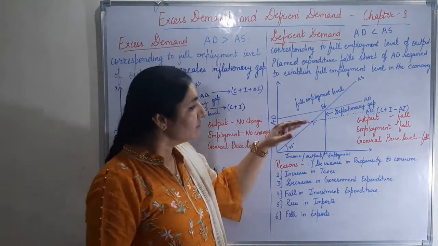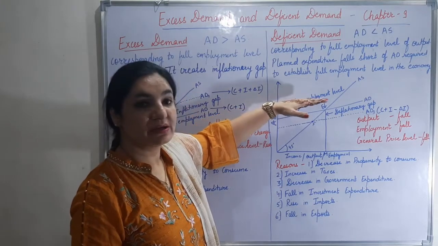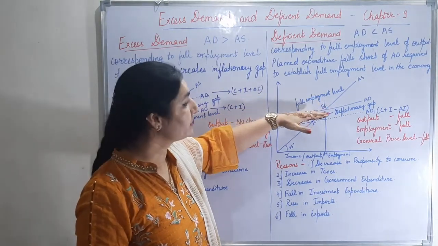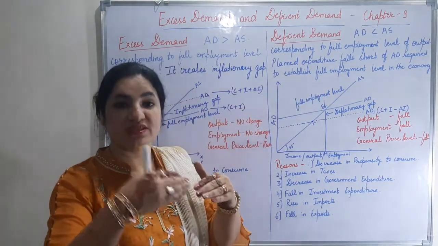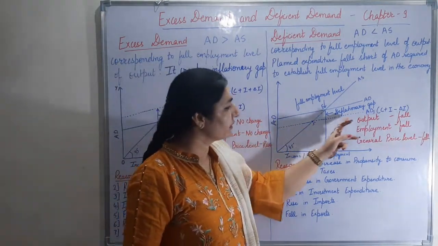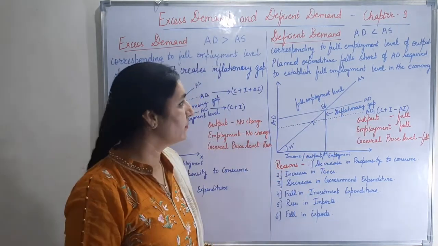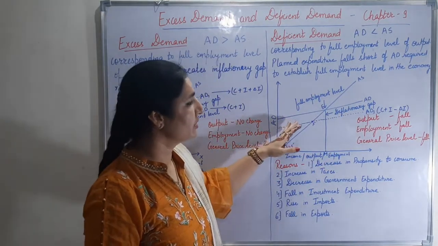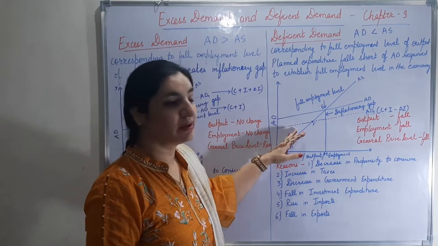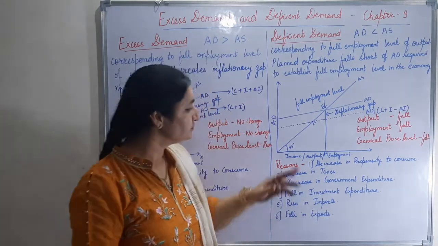As inflationary gap was shown by aggregate demand curve which was constructed above the actual aggregate demand because there was a rise, here it's a fall, so the new aggregate demand curve is shown below the actual aggregate demand curve. The planned expenditure here falls short of aggregate demand required to establish full employment level in the economy.